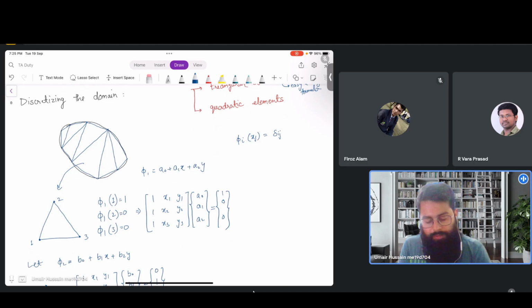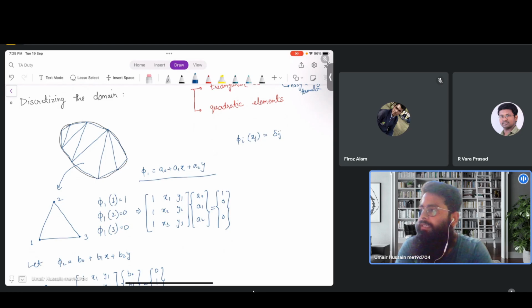So yeah, that's how. If we consider a general form of phi 1 of this kind, we're considering a linear type of phi. And so why do we come up to this approximation?